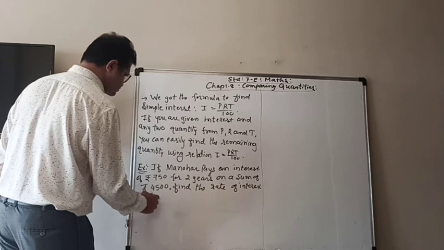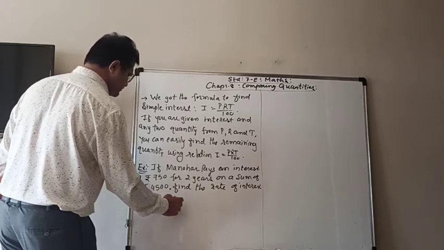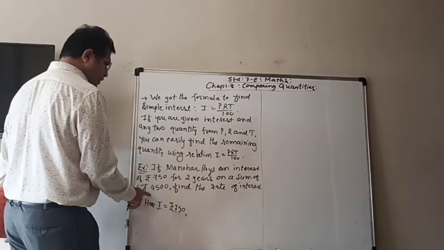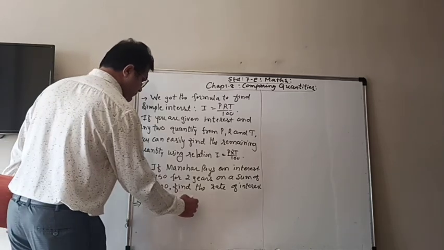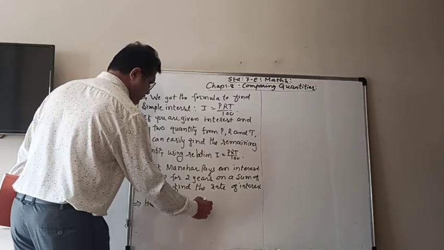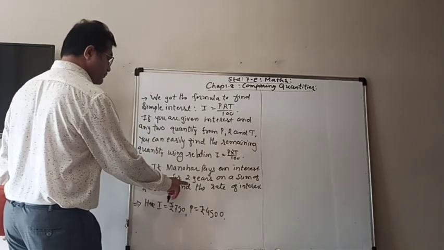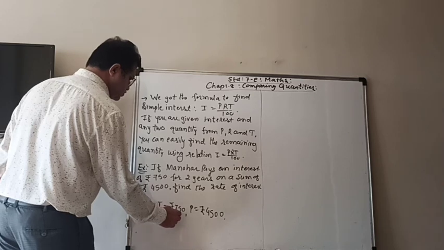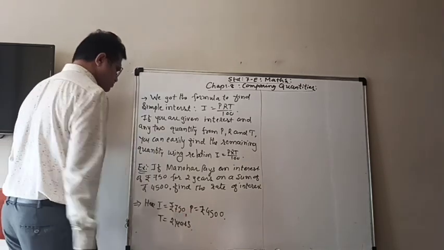So here I is equal to rupees 750 on a sum of rupees 4,500, means P is equal to rupees 4,500 for 2 years. So T is equal to 2 years. Time period is 2 years.